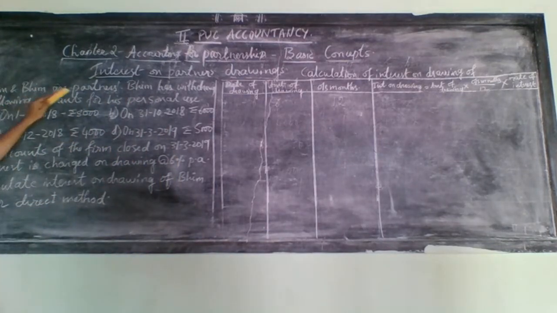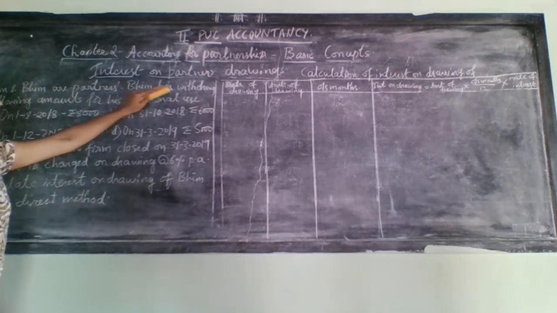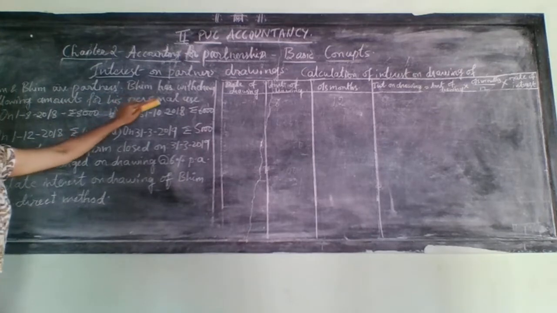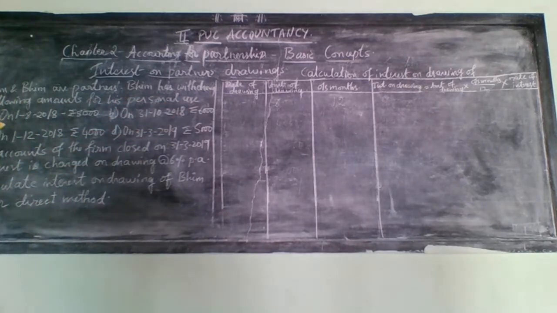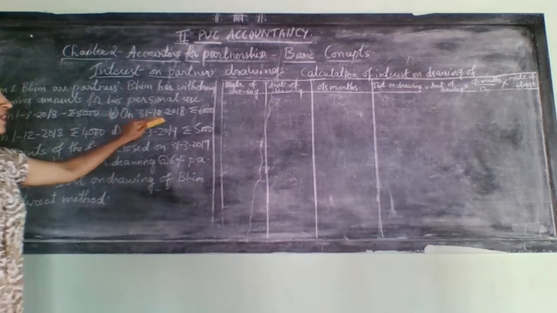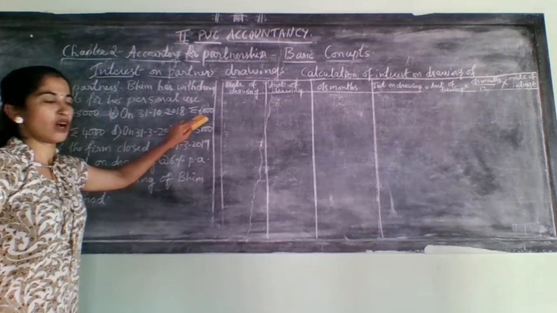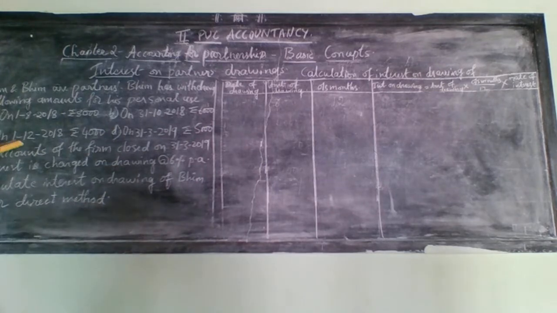Ram and Beam are partners. Beam has withdrawn the following amounts for his personal use. On 1/8/2018, rupees 8,000. On 31st/10/2018, rupees 6,000. On 1/12/2018, rupees 4,000.